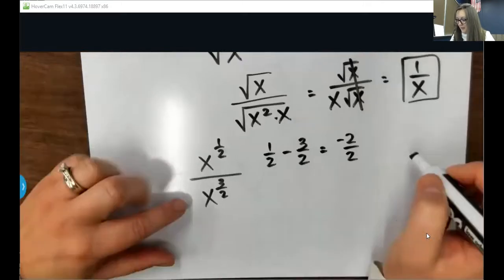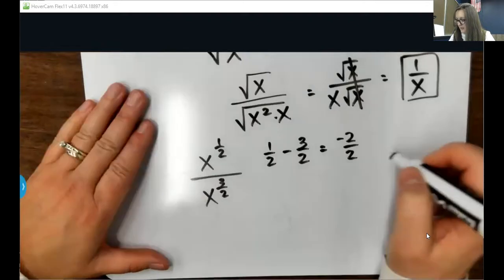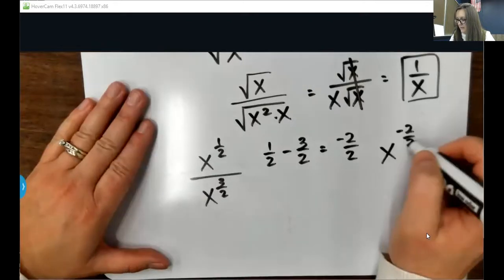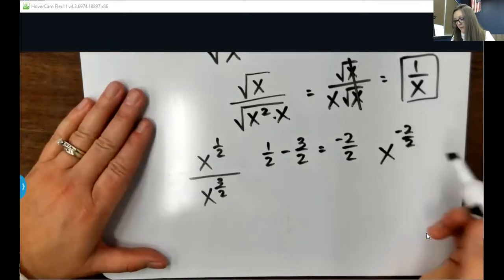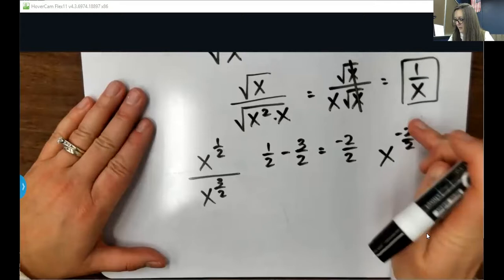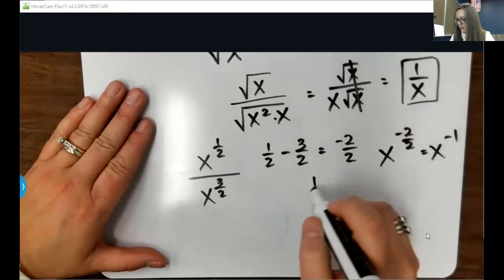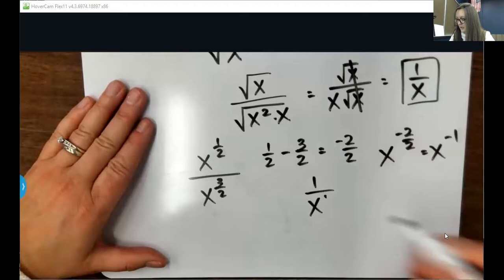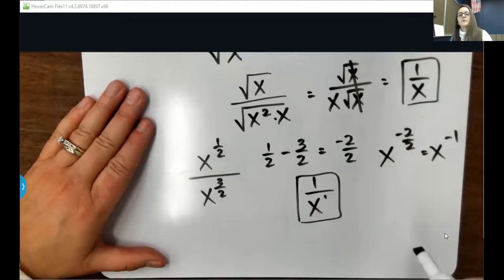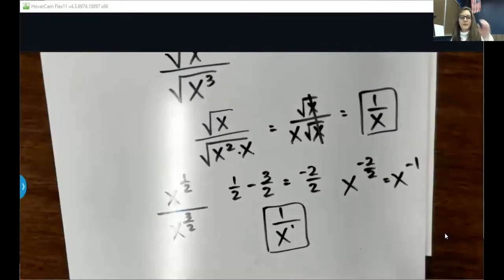What do we do with negative exponents, because this is x to the -2/2 or to the -1, right? It goes to the denominator, so 1 over x to the 1, or you can just leave it 1 over x. Both ways work. All right, let's do another one.